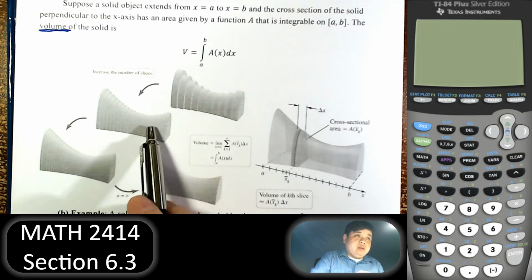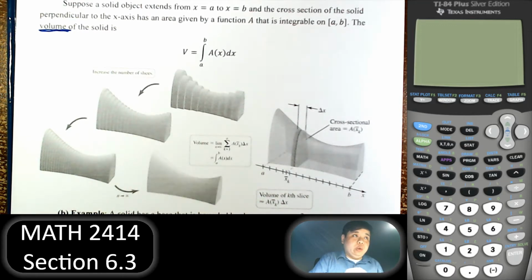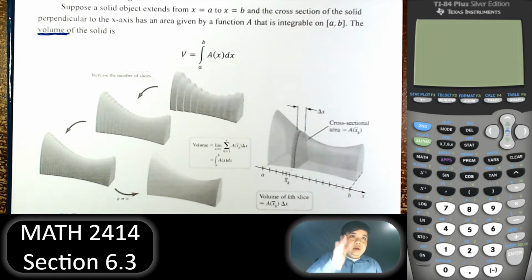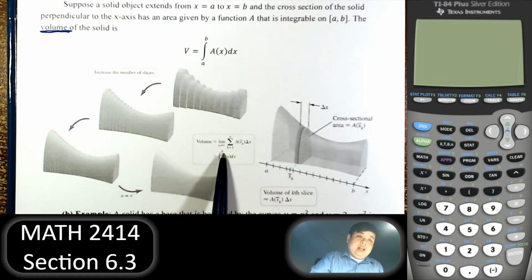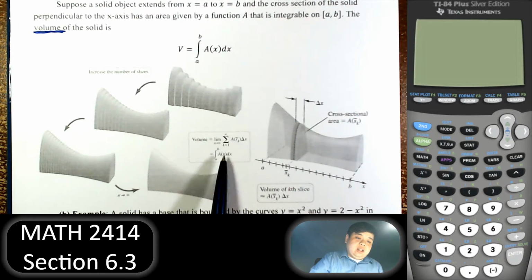So we let the number of slices go to infinity. Then we just find the volume of all the slices and add them up, and when we add them up, that is the integral sign, the definite integral.